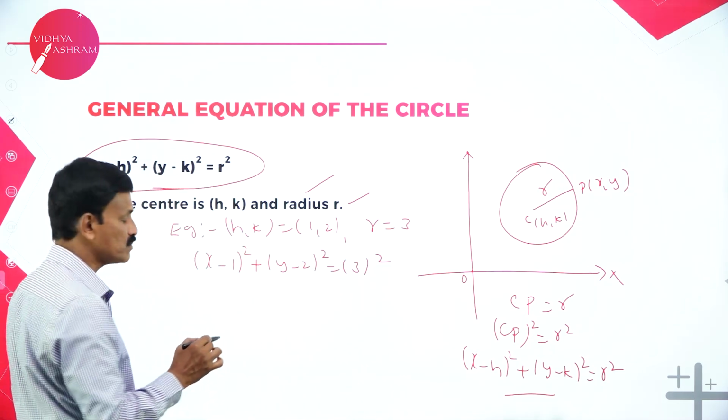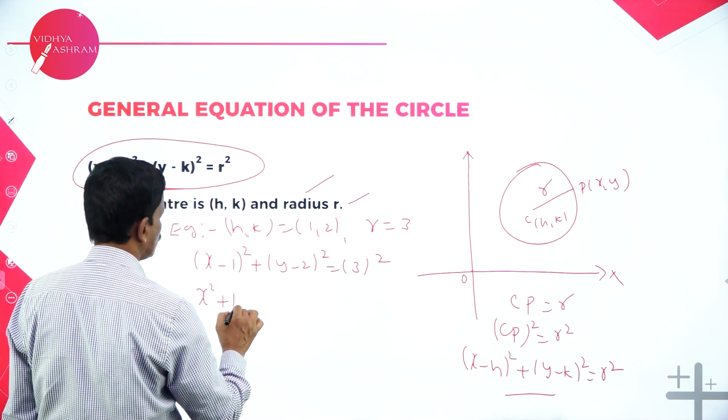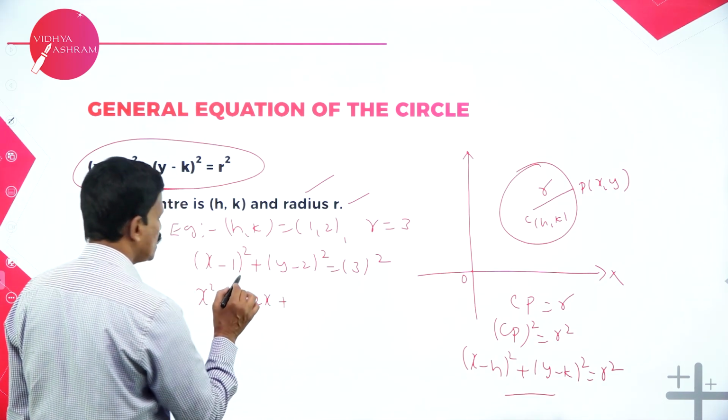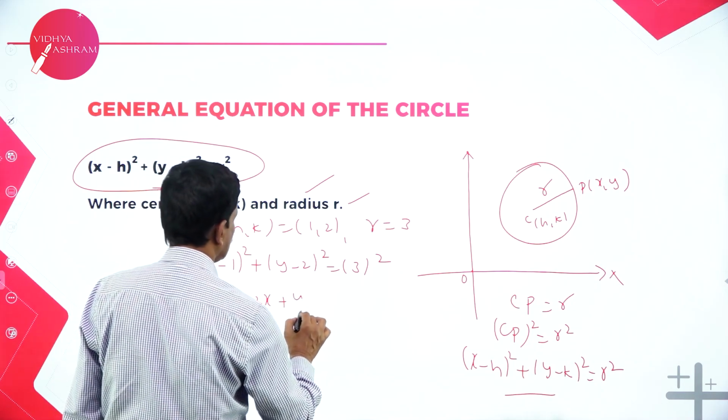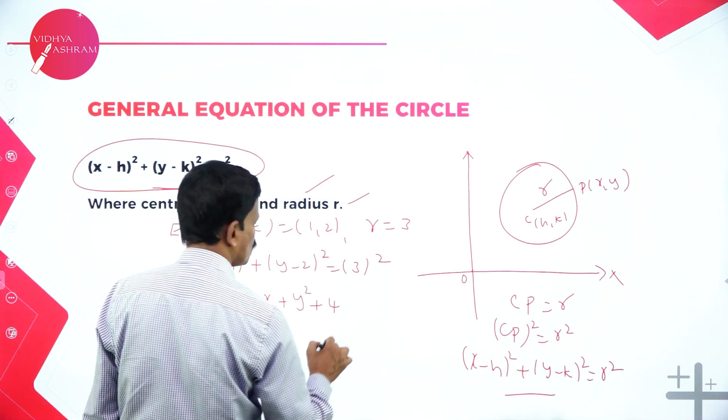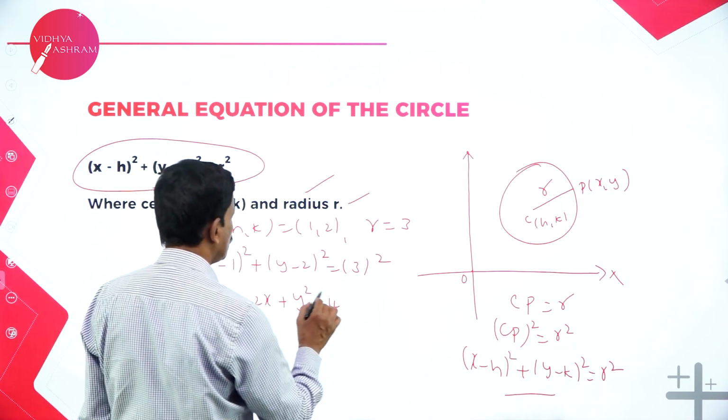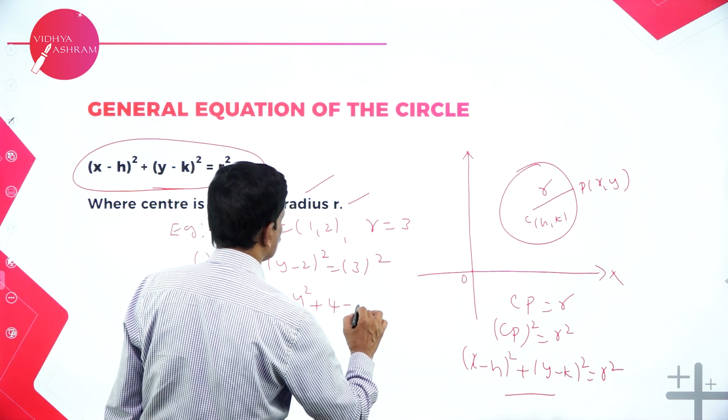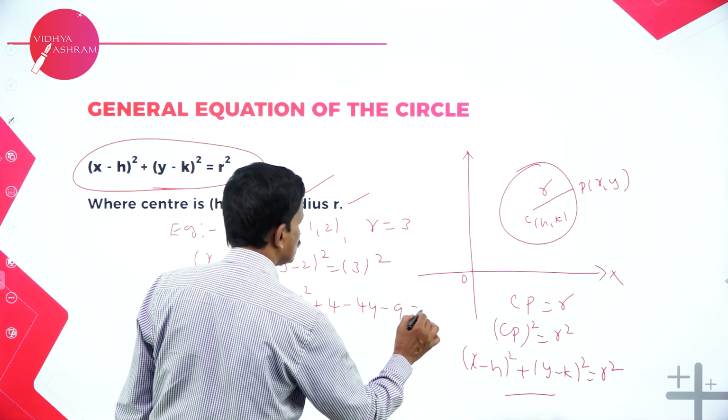Now if you apply the (a minus b) whole square formula, you will get a square plus b square minus 2ab: x square plus 1 minus 2x. Again it is y square plus 2 square, that is 4, minus 2 times 2 times y, that is 4y, minus 9 is equal to 0.